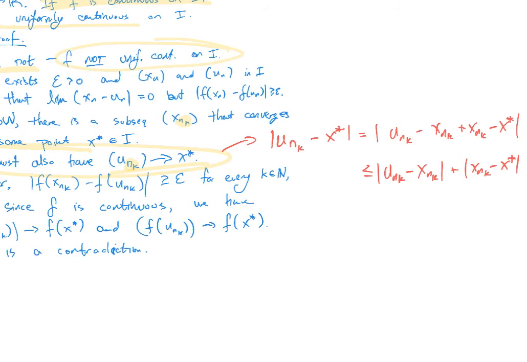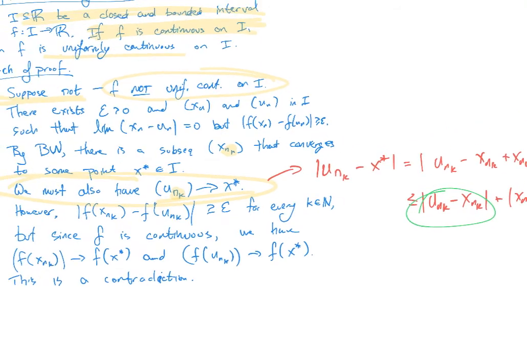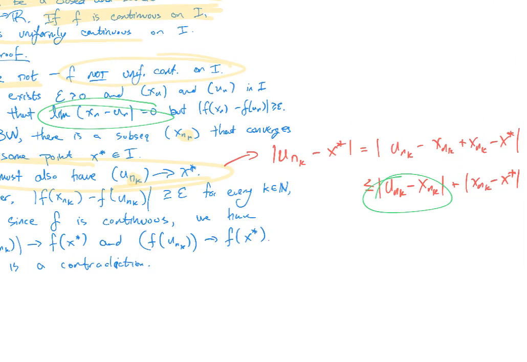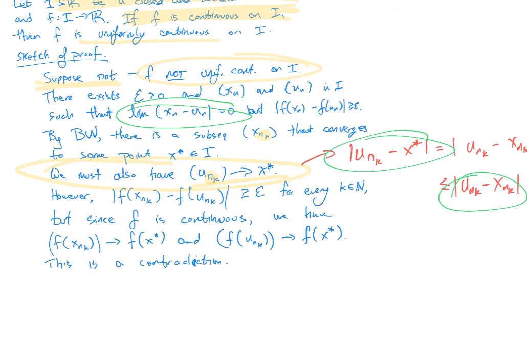The distance between the u's and the x's goes to 0, because that's how we set up the u's and the x's. And the x_{n_k} minus x star part goes to 0 because x_{n_k} is converging to x star. And therefore u_{n_k} minus x star goes to 0, and that's precisely what we said over here.